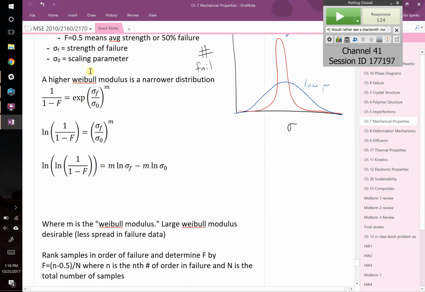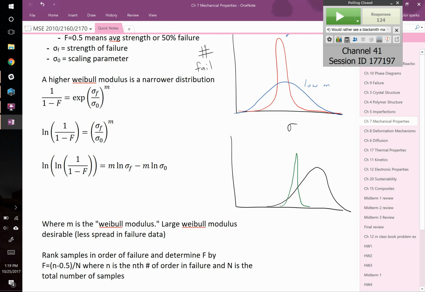We're going to give you an example in a minute. In fact, let me ask you this question right now. If you had to design some sort of component, and you had a material which was quite a bit stronger on average, like this, but it was kind of broad, you could use that material, or you could use this material. Which one do you choose to use? By the end of the class today, we should be able to answer this question. The answer is it depends.